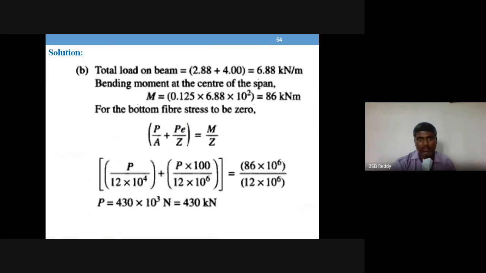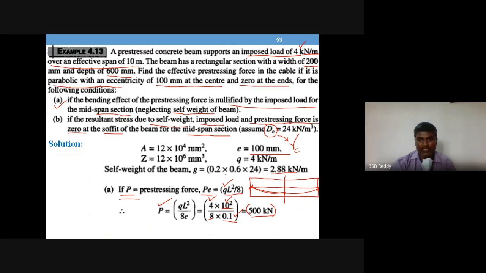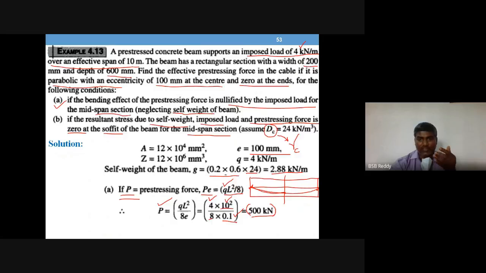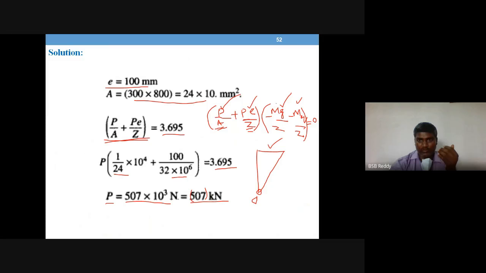So total load, dead load plus live load. So dead load is 2.88, cross sectional area into gamma, 2.88. Live load is 4, so total 6.88 kilonewton per meter. Instead of calculating individually, you are combining, because the final stresses, because of both live load and dead load, are of the same sign, so you can just add them.